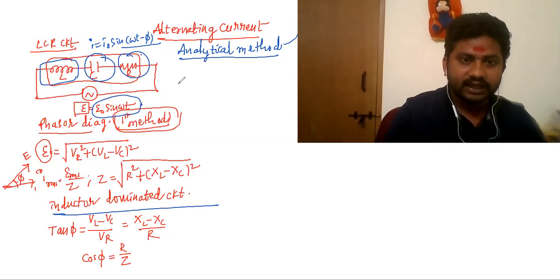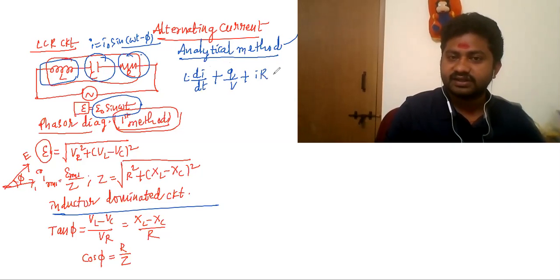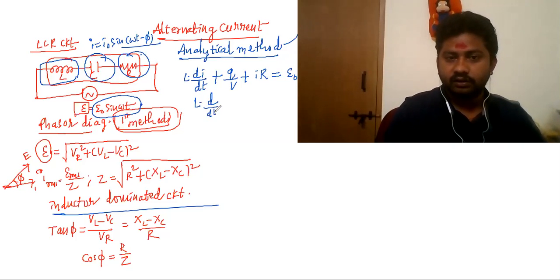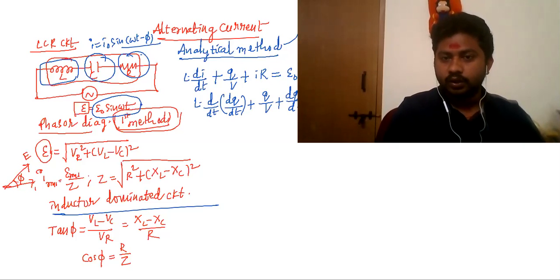I can write it as L into di by dt plus q by C plus I into R, equal to E naught sine omega t. Writing I as dq by dt, this becomes L d by dt of dq by dt plus q by C plus dq by dt into R, equal to E naught sine omega t.